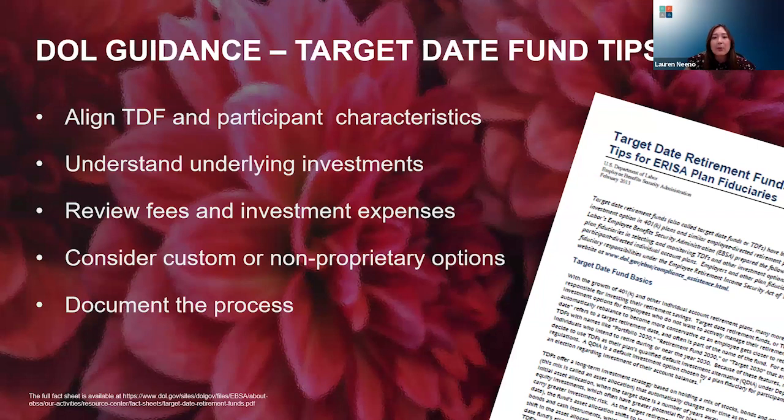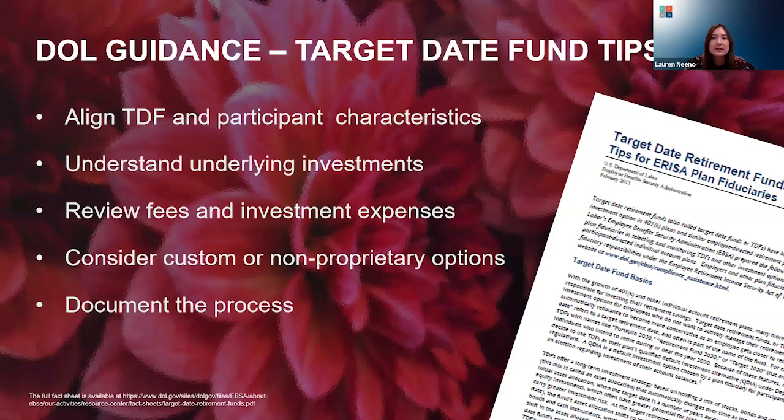And then for participant characteristics, that's where the fit analysis determines the best fit risk profile for the average plan participant. And then from there, I'm sure you can do the math. If the average plan participant needs to take on maybe a moderate amount of risk to reach their retirement goals, we would align that plan with a moderate target date fund.